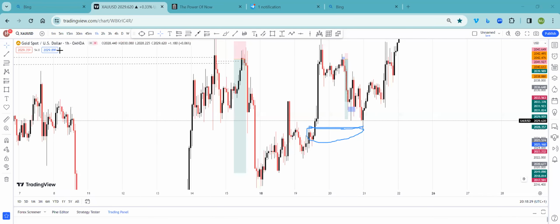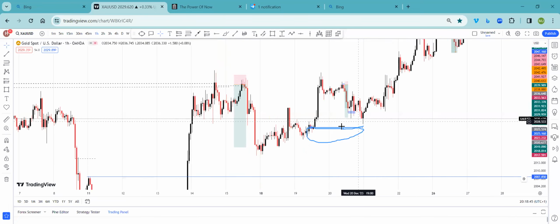Are we clear? Once they have filled that inefficiency there, the market has a high tendency of pushing up, as long as the structure is still very intact. They have a higher possibility of going up from there.